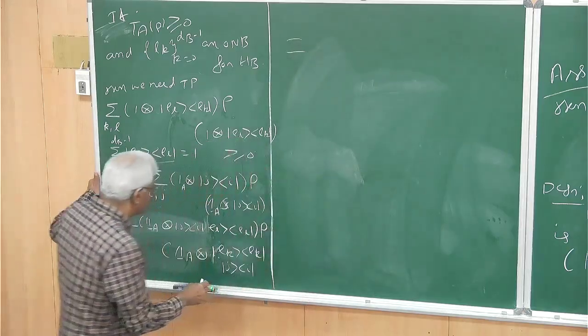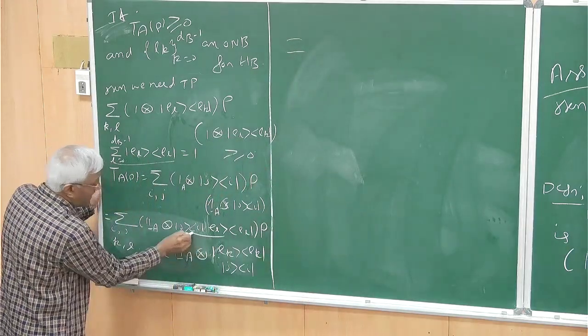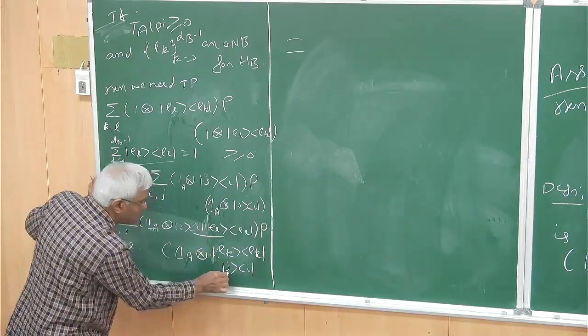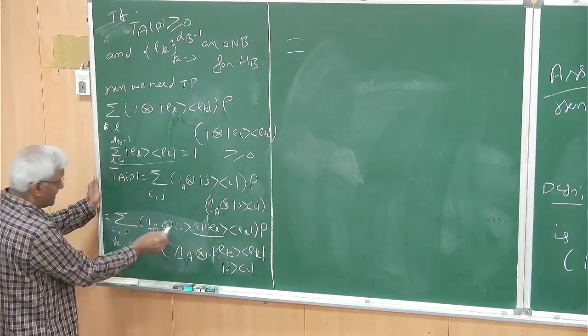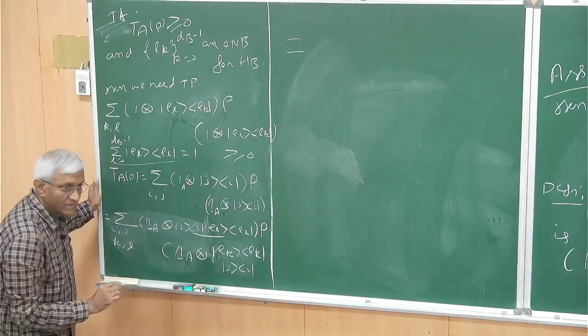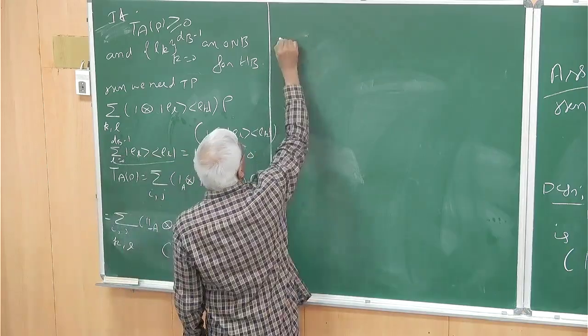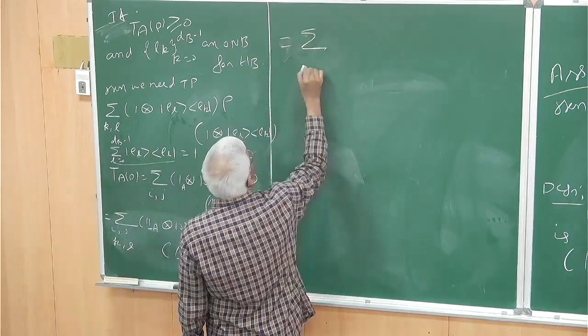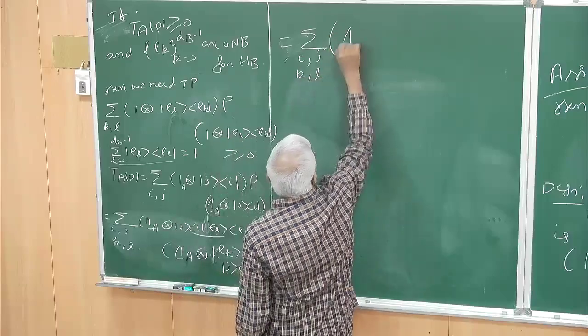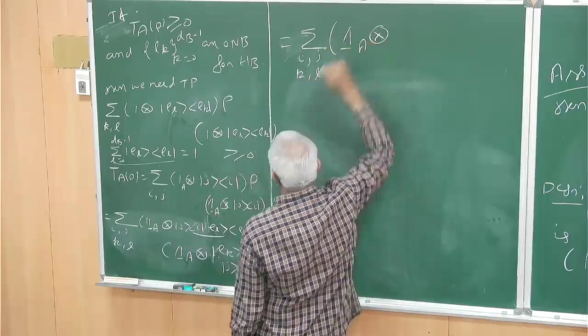In this, <i|e_l> is a scalar, and similarly <e_k|j> is a scalar. This scalar I can take to this |j>, and similarly <i|e_l>, this I take to this <i|. So I write it like this: summation over i, j, k, l, this tensor.